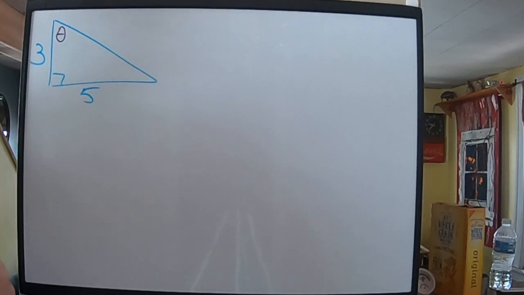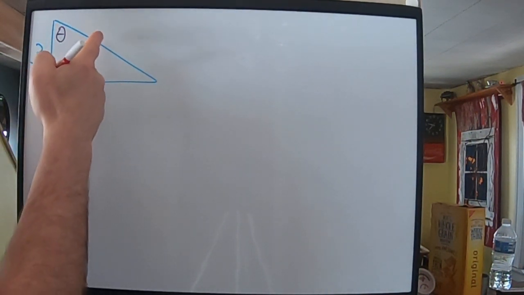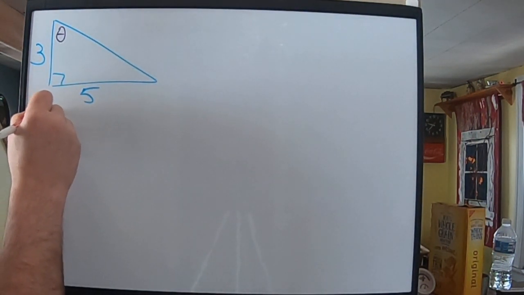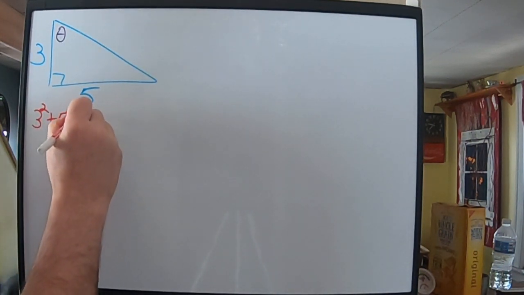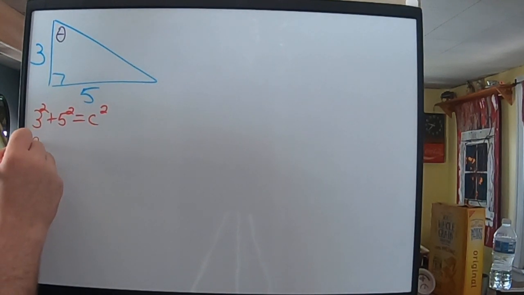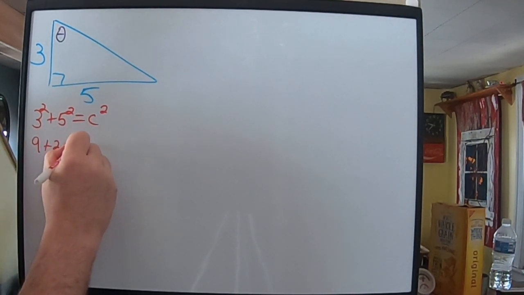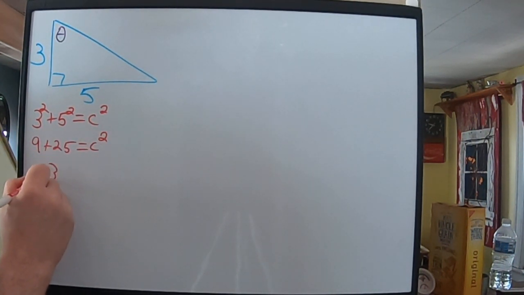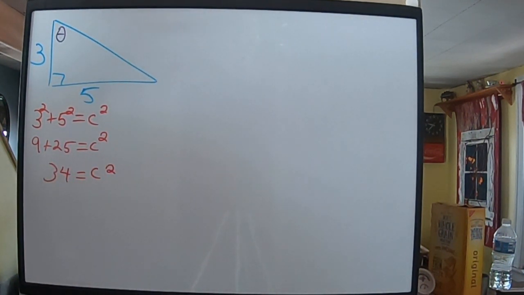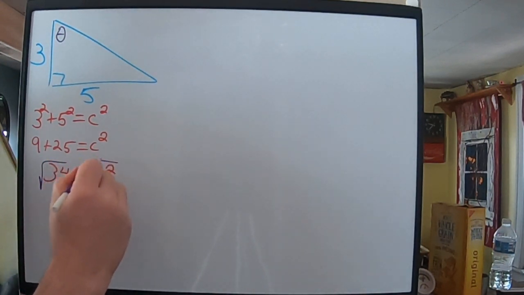So remember the Pythagorean theorem, a squared plus b squared equals c squared. C is always the one across from the 90. So 3 squared plus 5 squared equals c squared. That's 9 plus 25 equals c squared. 34 equals c squared. And then we square root both sides to find c.